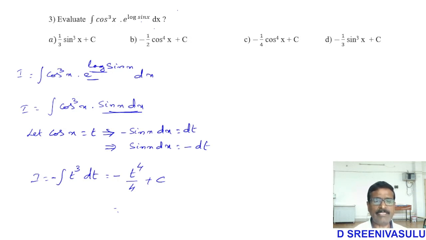Here the value of t is cos x. Substitute, this is minus 1 by 4 cos to the power of 4x plus c. Which option is correct? Option C is correct. Answer is minus 1 by 4 cos to the power of 4x plus c.